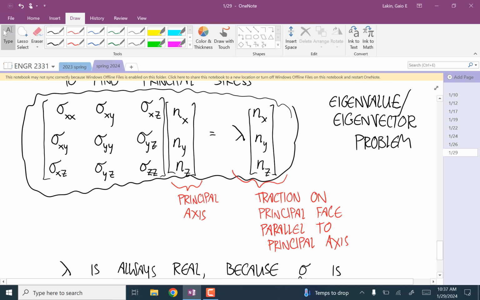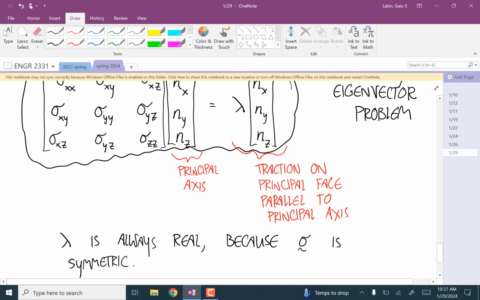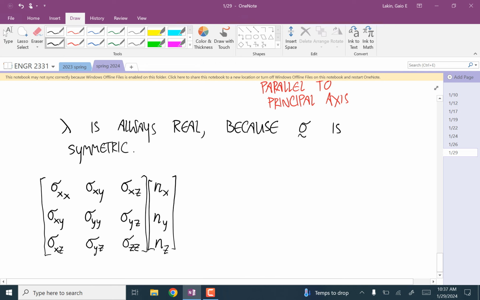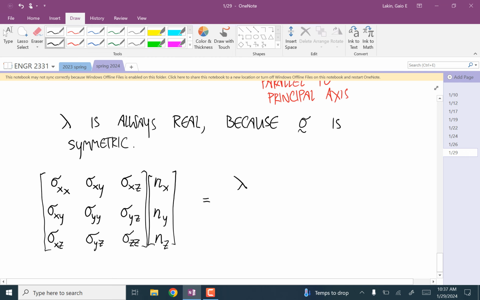And another way of writing what I have here on the right, notice that that's just exactly equal to this matrix times that unit vector. This is called the identity matrix. Well, it would be the identity matrix multiplied by that lambda.